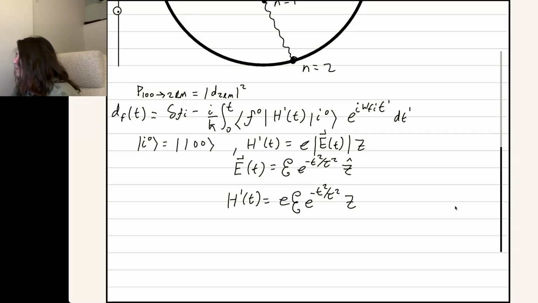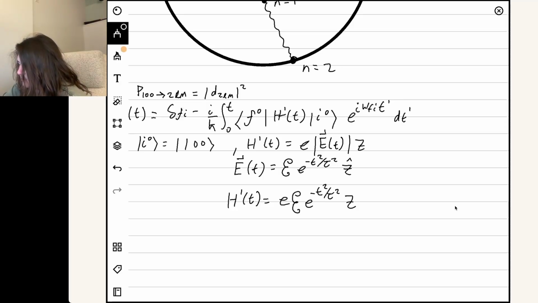The only operator in there is z, so when we write this big equation, the only thing that's going to remain in the matrix element is the z. We also need to point out that since we're looking at the probability that it could go to any n equals 2 state, for now, this is the 2LM ket for the hydrogen atom.